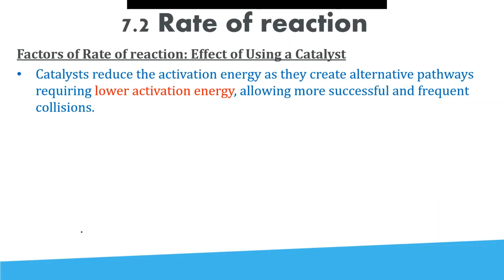The next is the effect of a catalyst. Now, a catalyst is something unique. When you use a catalyst in a reaction, it will not react with other substances in the reaction, but it will create a way for the reaction to proceed at a much faster speed.